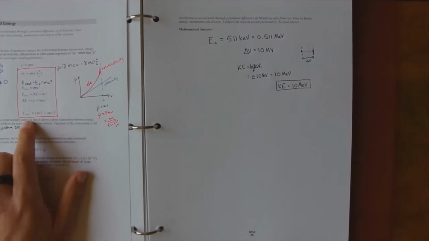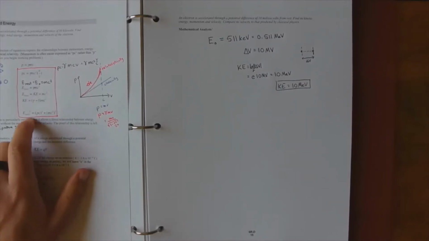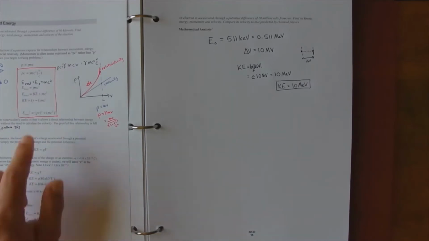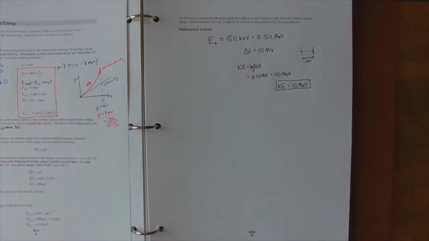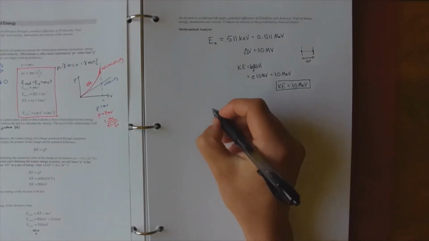You could use the equation here to find the momentum, but you would have to find the total energy first. Well, as long as we're finding the total energy, you could use that to find the velocity. There are different ways you can find the quantities that you need in this problem, but let's just go with this.